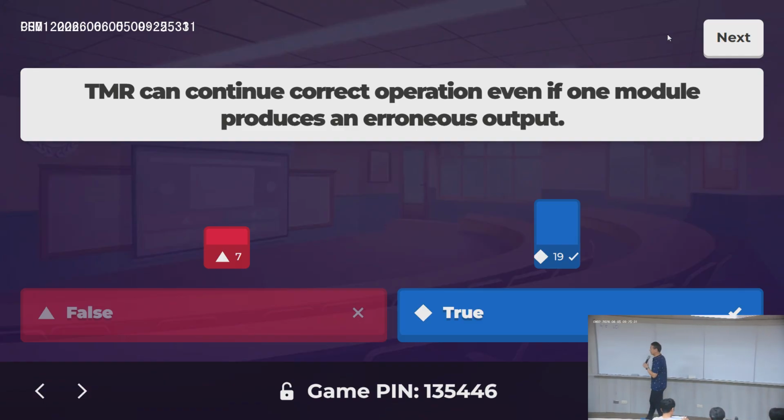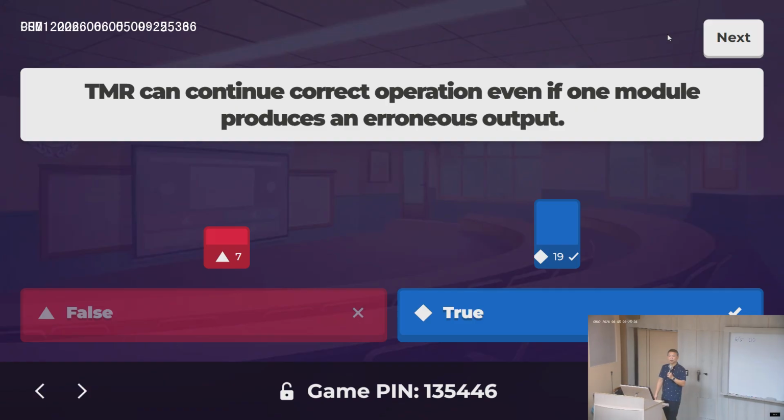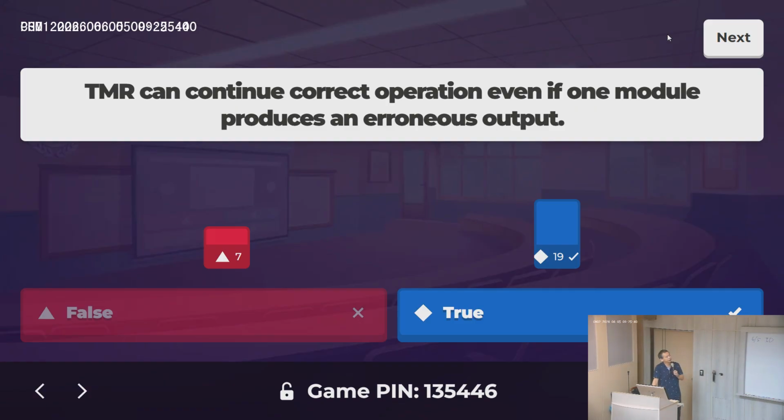So for this part, TMR is actually not so difficult and actually widely used in fault-tolerant systems. So it is very important for you to at least know what is TMR, its architecture, and also the operational flow. And remember that for TMR, we have actually one drawback. Our MTTF will be shortened.